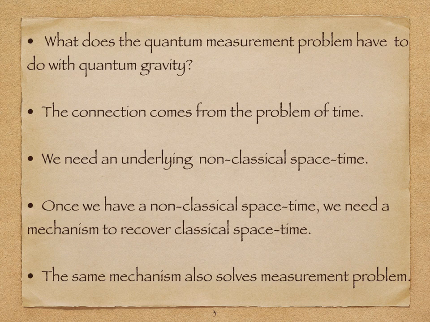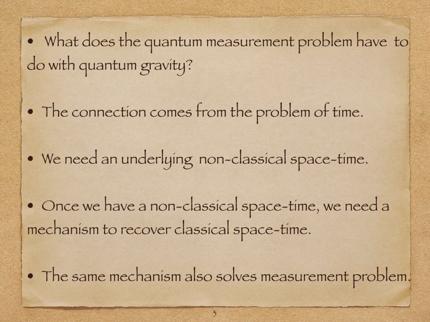I think this is the most central issue in quantum mechanics, how to get rid of classical space-time from quantum theory. It's absolutely essential. There's no way out. You have to have an underlying non-classical space-time. So once we have a non-classical space-time, we'll also need a mechanism to recover classical space-time.